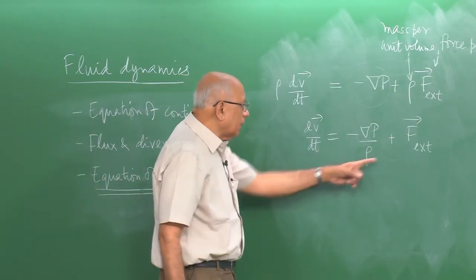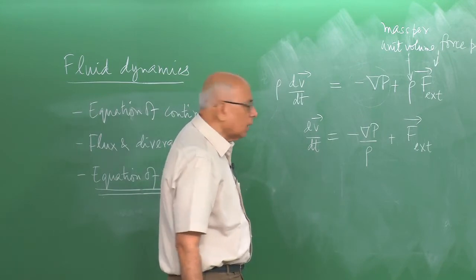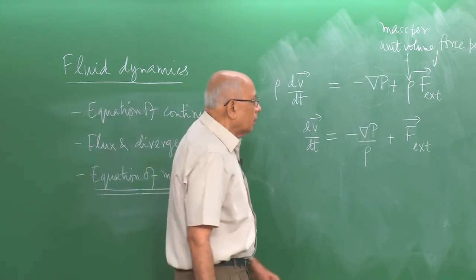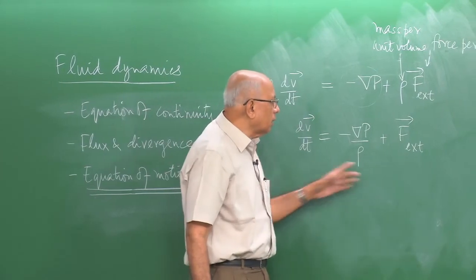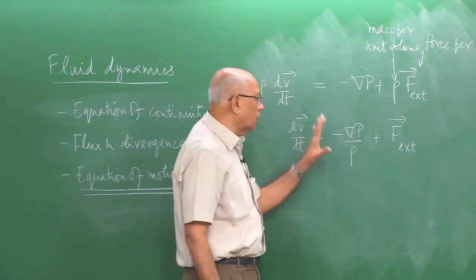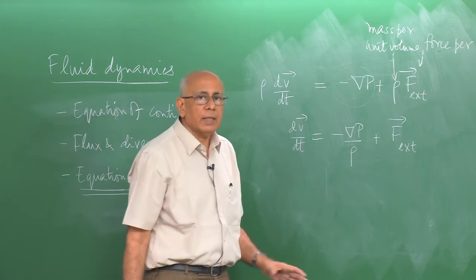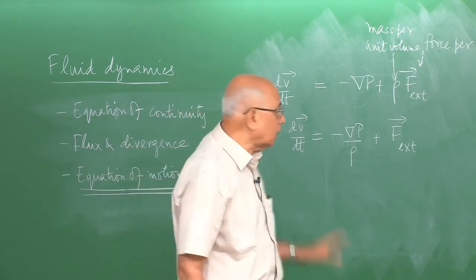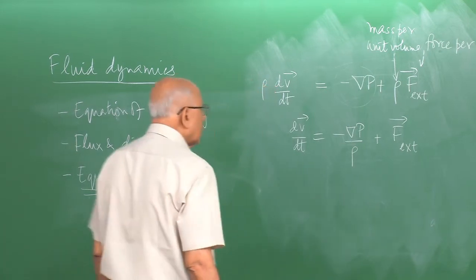So, this is the basic equation that we have to deal with in fluid motion, where a knowledge of this should be sufficient to determine this V, but this is easier said than done. It is a very non-trivial task, as you will see, for complications arise right away.